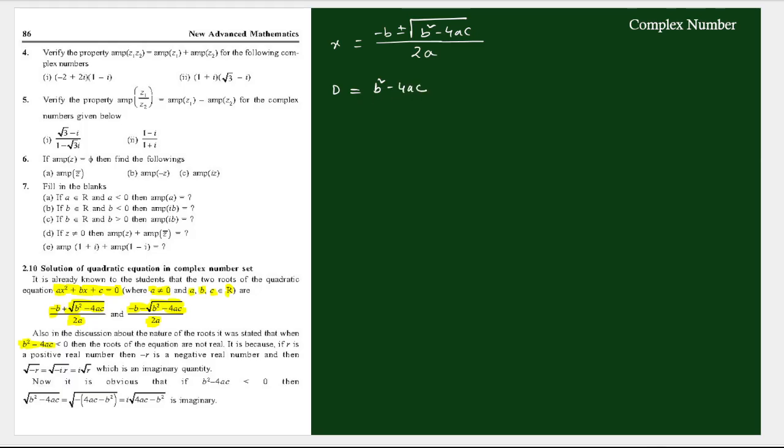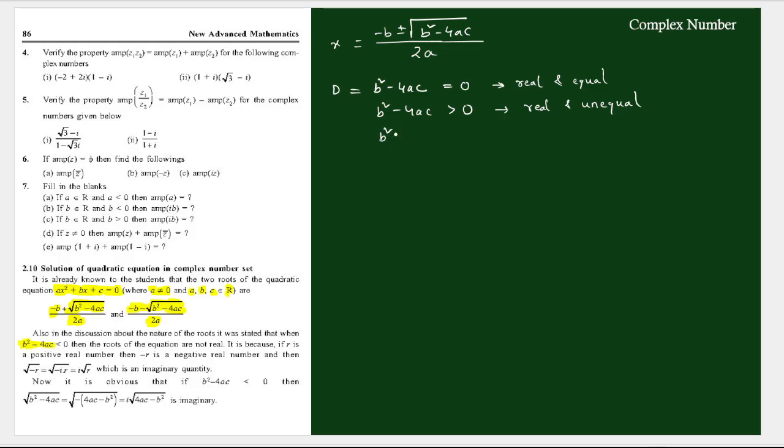It determines the roots, whether they are equal. If it is equal to 0, then the roots are real and equal. Fine. If b square minus 4ac is greater than 0, then the roots are real but unequal.